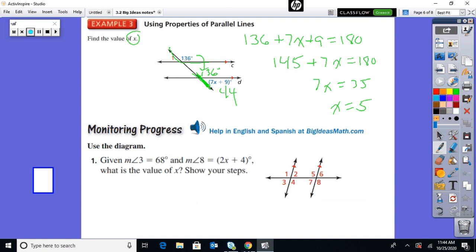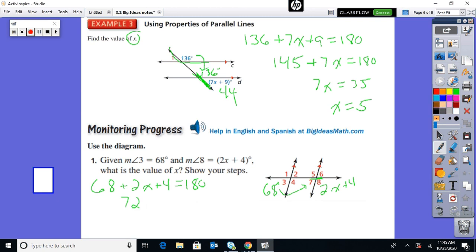Okay, given the measure of angle 3 is 68, and the measure of angle 8 is 2x plus 4, so you can fill it in. Well, 68 would go right there with 7. It's an acute one. It's corresponding. So side-by-side angles, linear pair postulate. So I know I can set 68 plus 2x plus 4 equals 180.